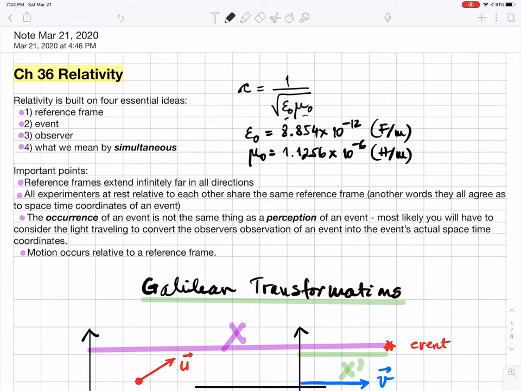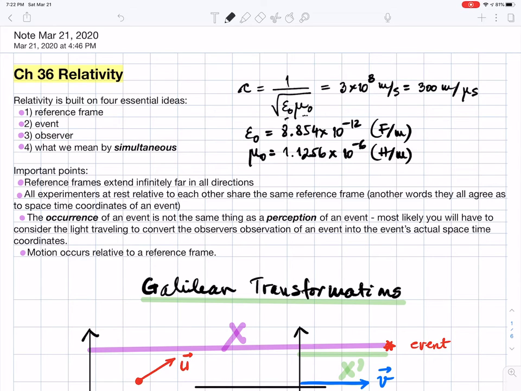And in many problems in this chapter and beyond, you're going to find that they use either 300,000 kilometers per second or 3 times 10 to the 8 meters per second. Another one that's quite used, I believe, is 300 meters per microsecond.